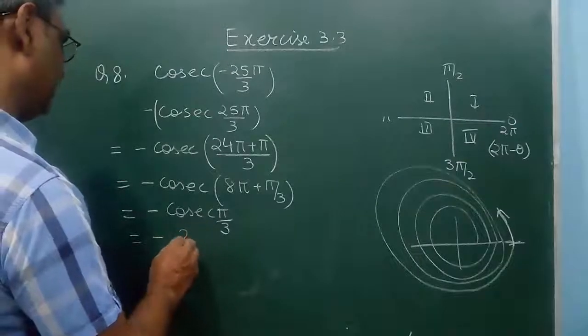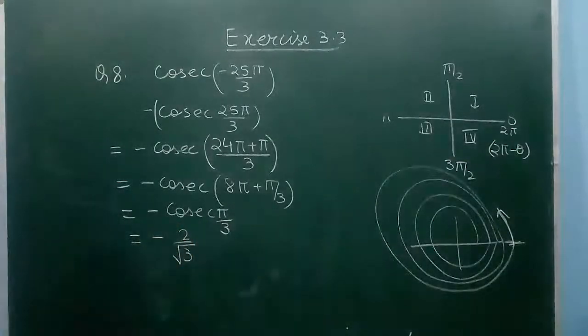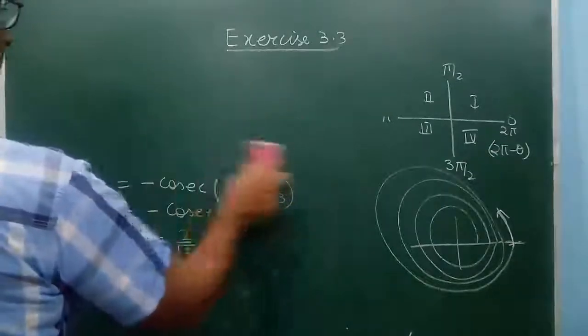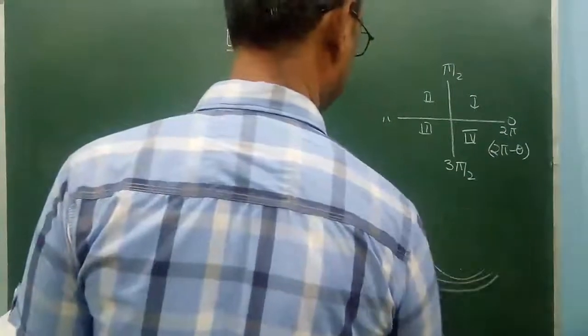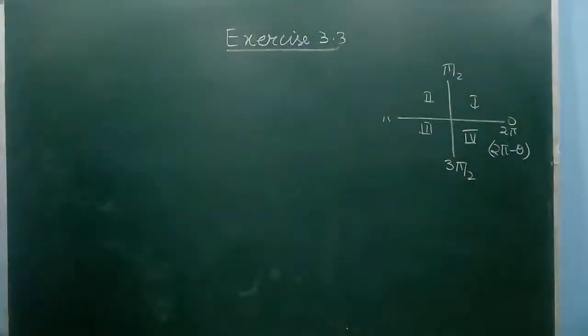So this is 2 by root 3. Now check. What is question number 9?